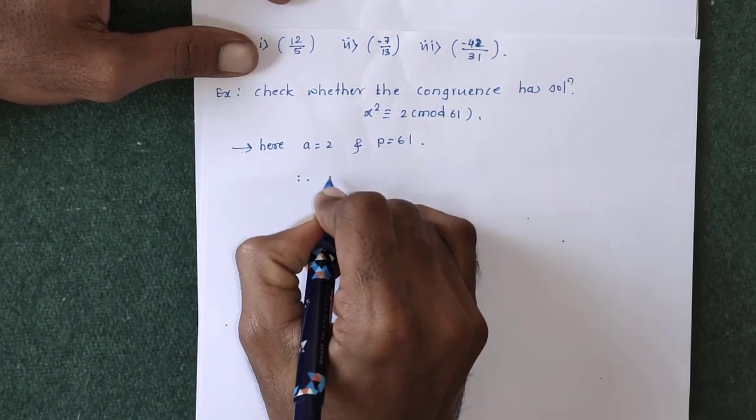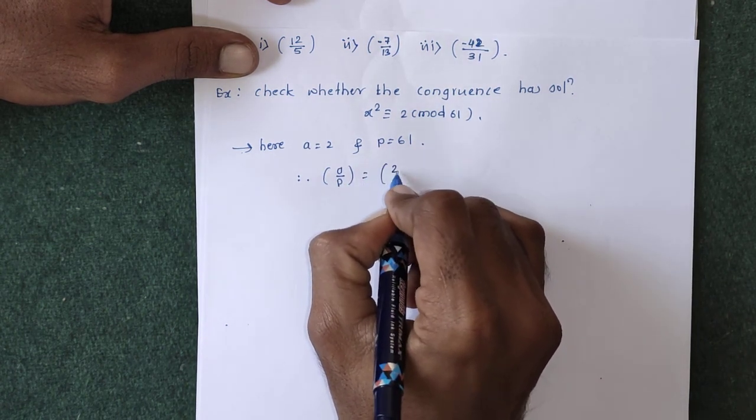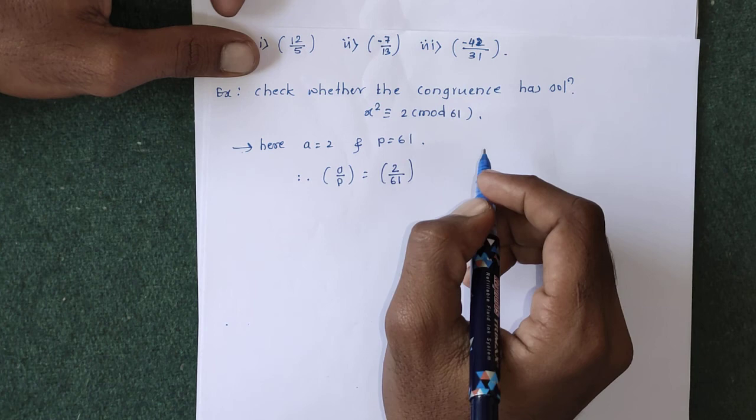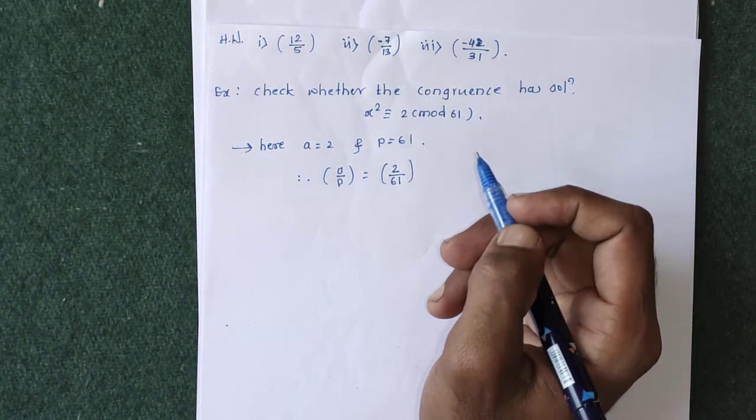Therefore, to find the Legendre symbol of 2 and 61, we have a lot of methods, three or 4, maybe more.